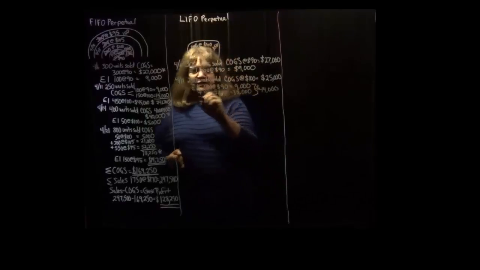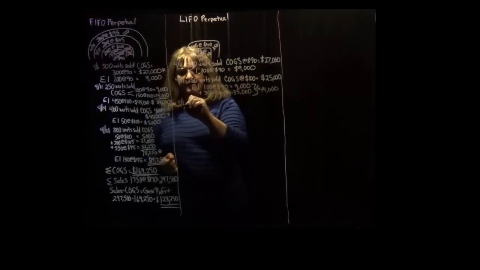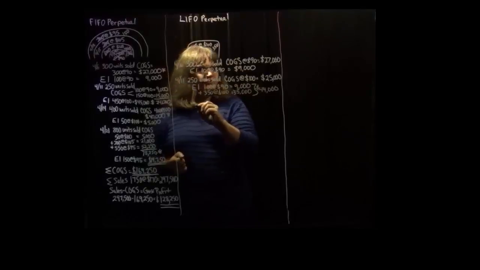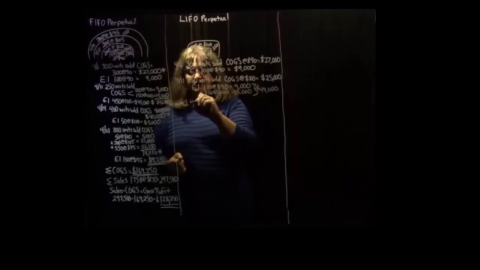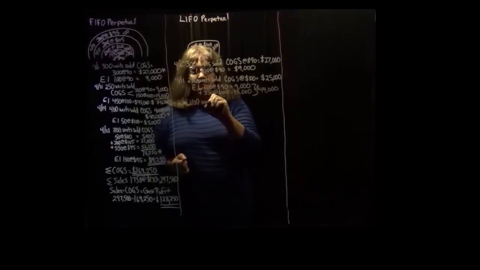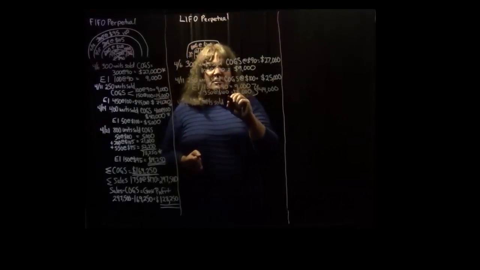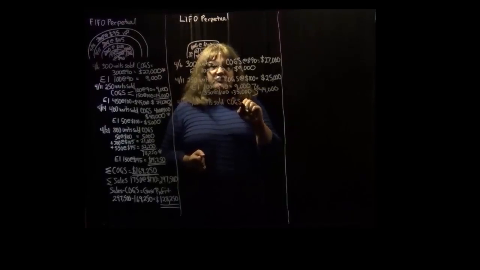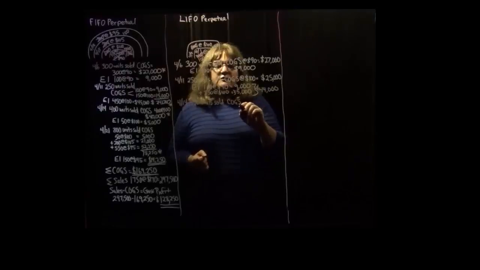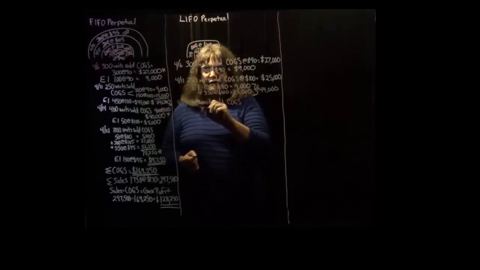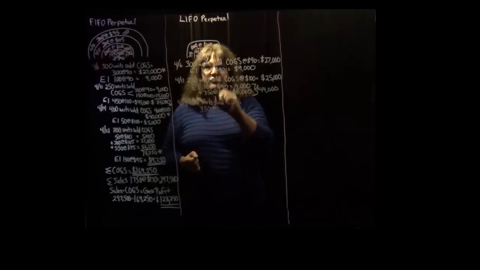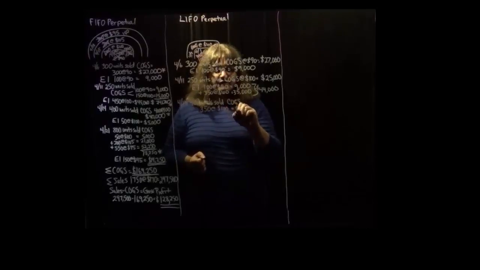Then we make another sale on April 14th. This sale was for 400 units. And for the cost of goods sold, we're going to again start with the top layer. And so we're going to assume that 350 of these units were that top layer that cost us 100 for the total of 35,000.